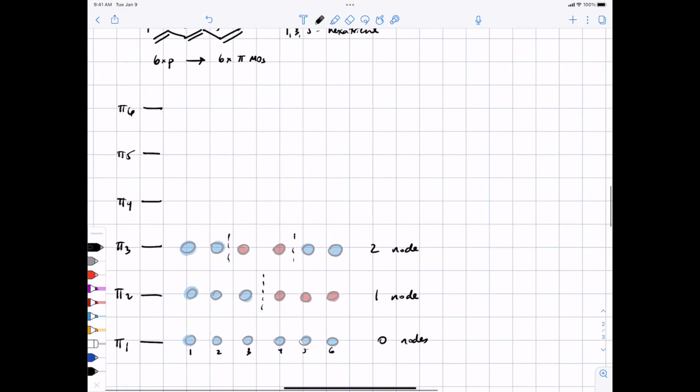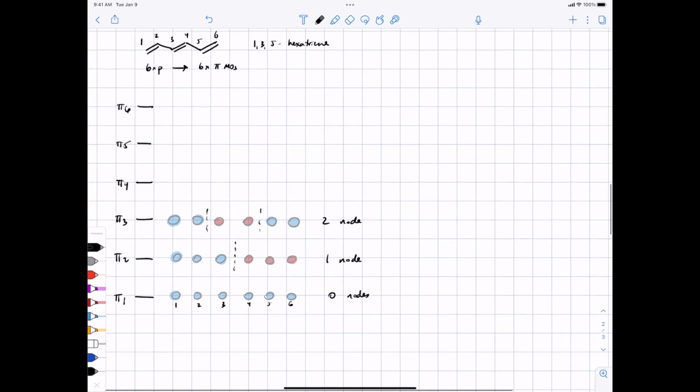If you're following along with 1,3,5-hexatriene, we've got 6 electrons involved in the pi system. That is 6 electrons involved in the pi bonds that are conjugated. All 3 of these lowest energy orbitals are filled, and so we can continue onward, coming up with the rest of the empty pi molecular orbitals.